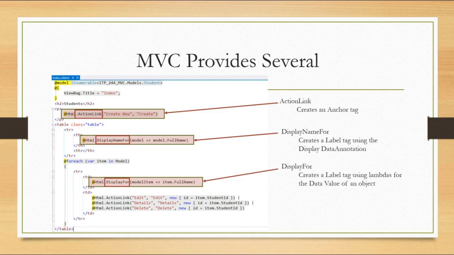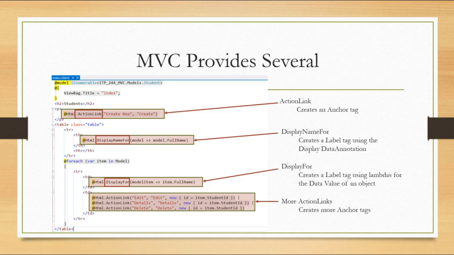This is similar to DisplayNameFor. The difference is that this will show us the data value for the full name of the student. And then the last one, we have three more action links for edit, details, and delete. So here are the three helpers in this page: ActionLink, DisplayNameFor, and DisplayFor.